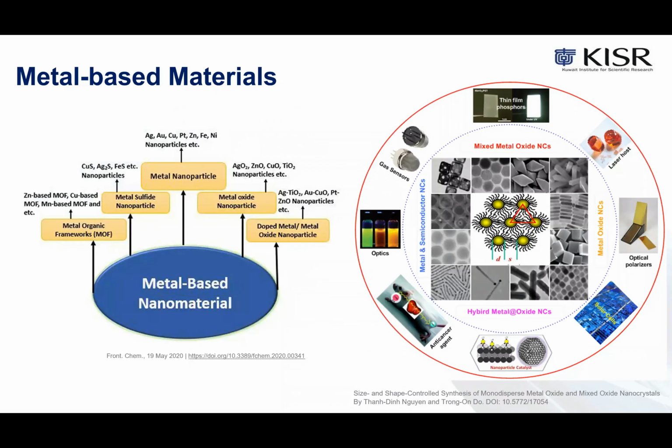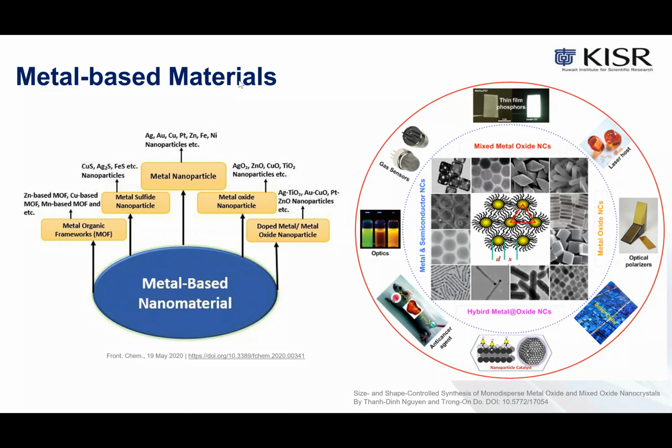Next, we have a metal-based material. As we can see, there are different metal-based materials. It can be metal organic framework, metal sulfide, metal nanoparticles, oxide, or doped metal with metal nanoparticles. All of these are precisely controlled synthesis of the size, shape, chemical composition, crystal structure and surface chemistry of metal-based nanomaterials, which will allow us to obtain unique properties, which has become one of the most challenging issues faced by nanomaterial researchers.